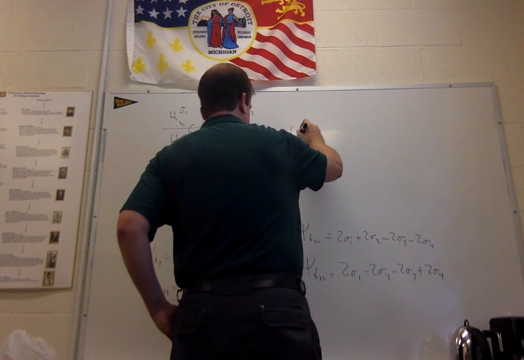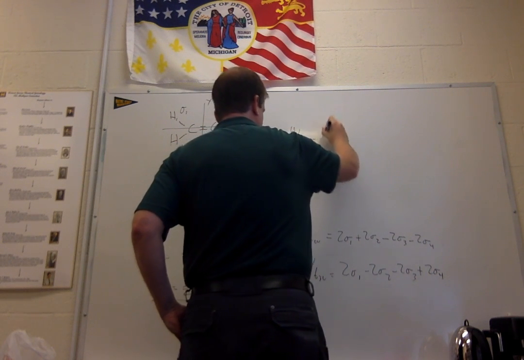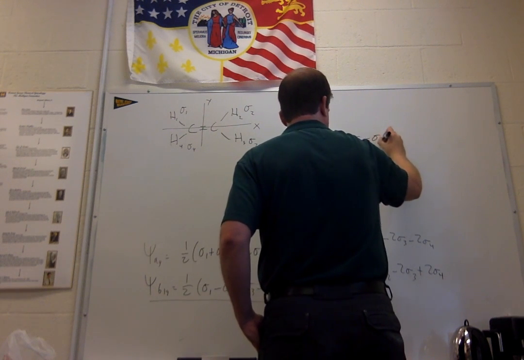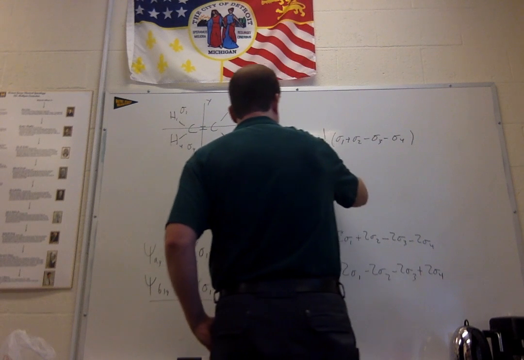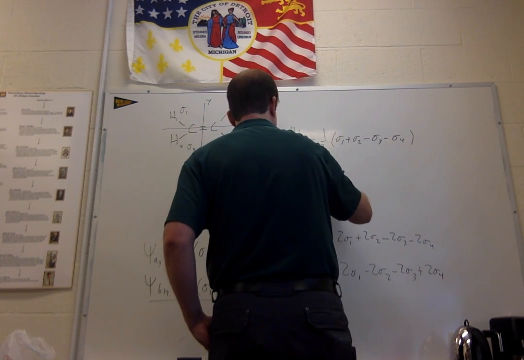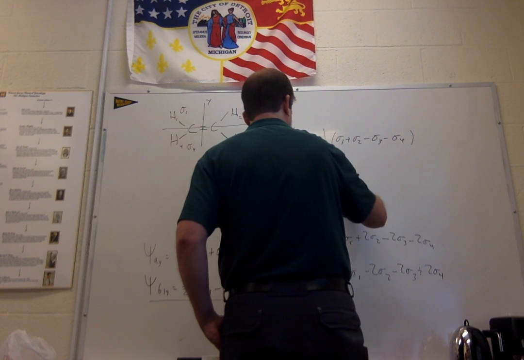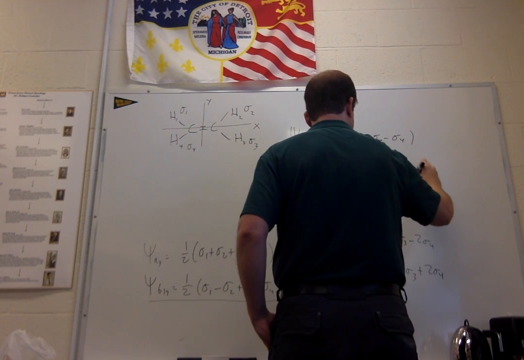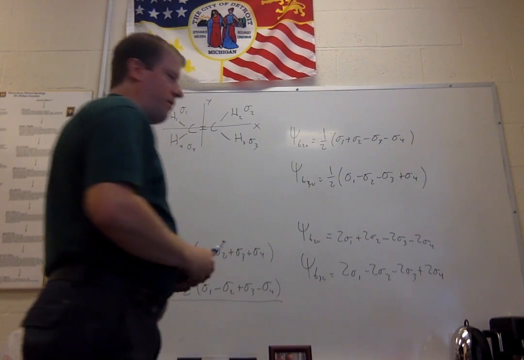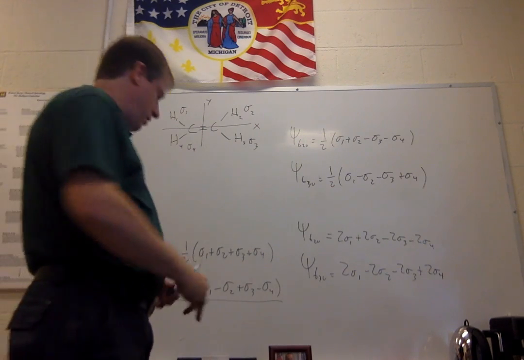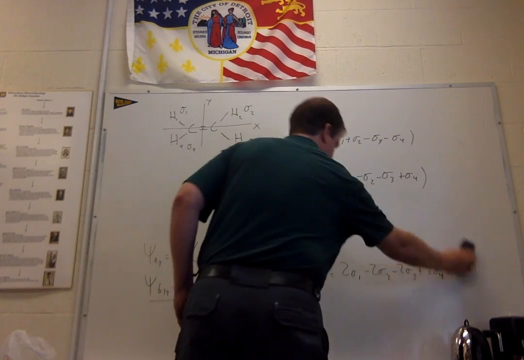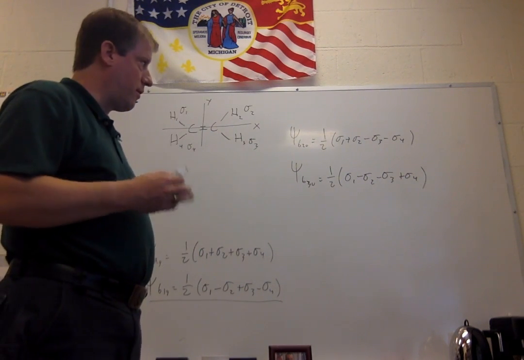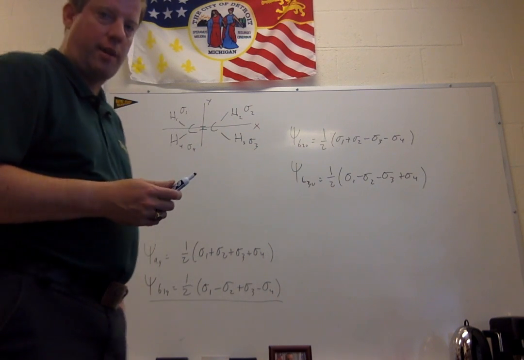And so the normalized B2U is 1/2 sigma 1 plus sigma 2 minus sigma 3 minus sigma 4. And for B3U, it's those. Now you've done the projection operator method to generate your 4 calcs, which are now normalized.